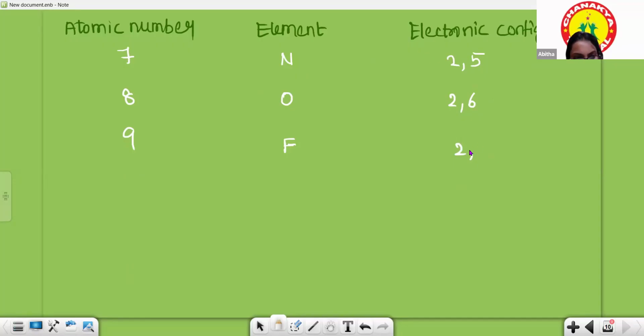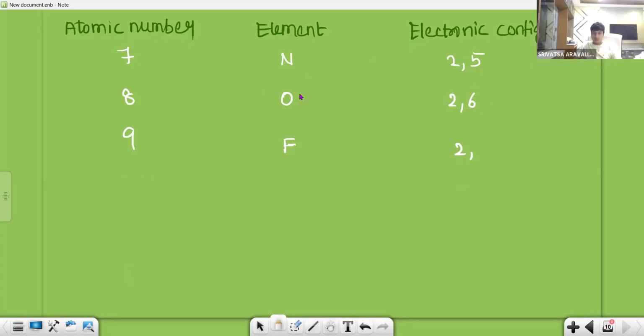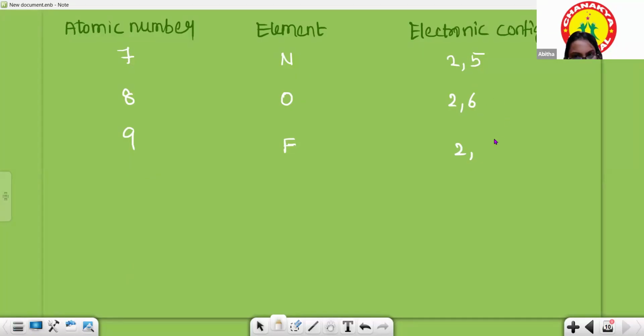Can you see how I'm writing? 2 comma. Among 9, if I fill 2 electrons in the first orbit, how many electrons remain? 7. So 7 electrons remain, and you fill those 7 in the second orbit.